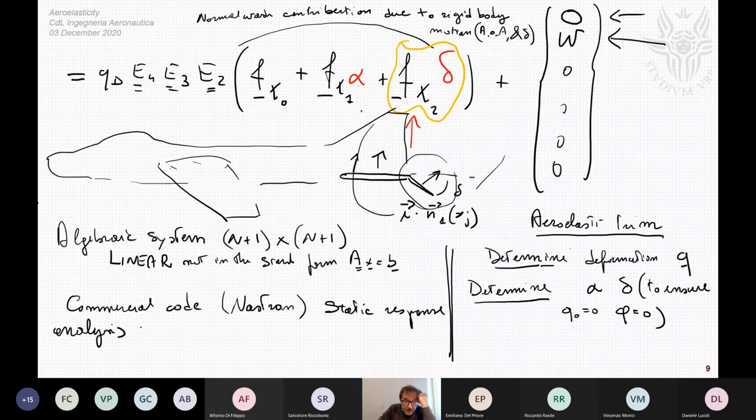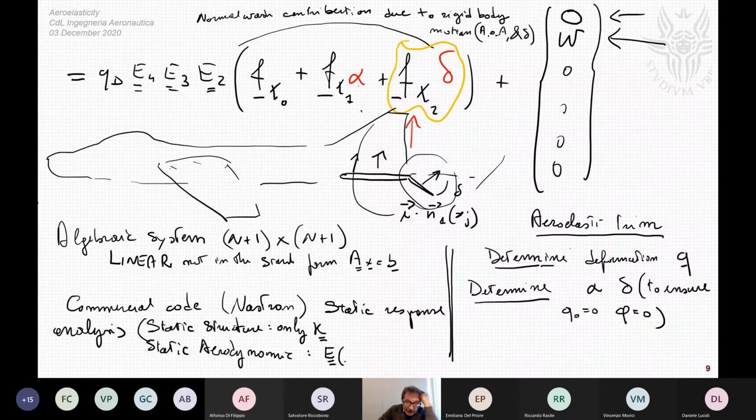And static response analysis means a static structure, which means only stiffness, and static aerodynamics together, which means the GAF matrix at zero frequency.